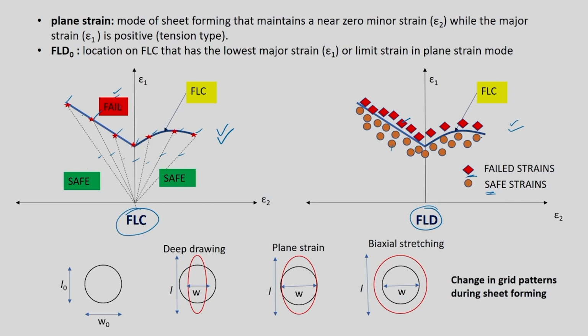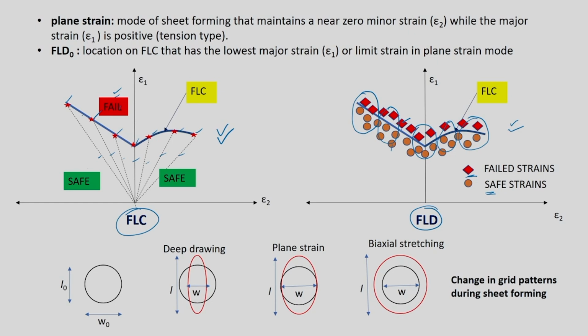Okay, and you can see that this curve is actually separating these two sets of data points. Probably these data points were obtained from one strain path, this is from another strain path, this is from the plane strain path, this is from another strain path, and this set will be from beta equal to 1. So you are going to deform the sheet and you are going to get both safe strains and failed strains and plot all in one, to get a curve which is going to separate these two.